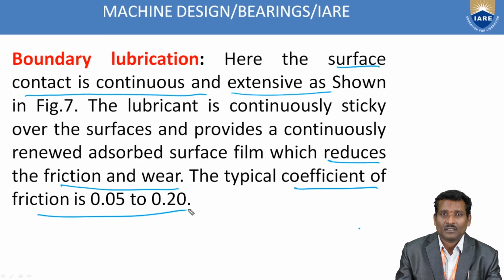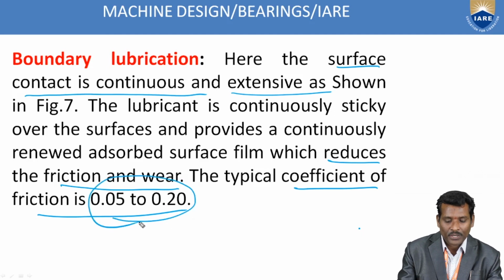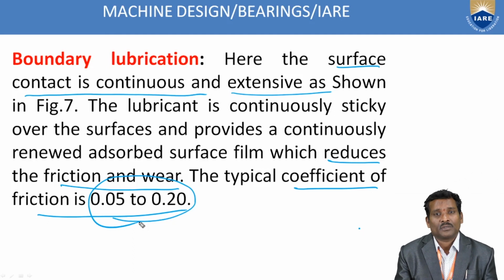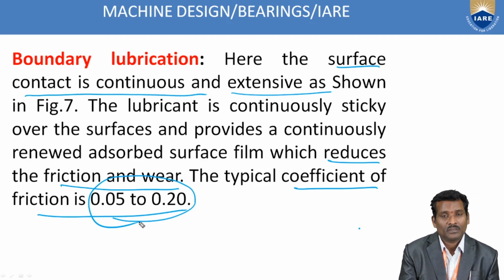Compare these three values: in thick film lubrication the value is very less, in thin film lubrication somewhat high, whereas in boundary lubrication it is 0.05 to 0.20. That's why the wear rate is also high when compared to the previous bearings.